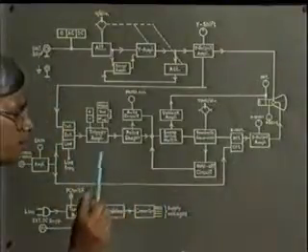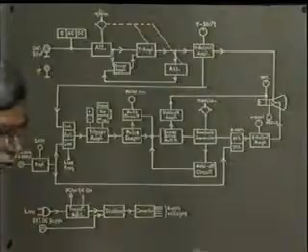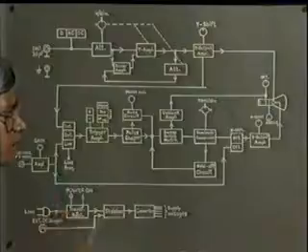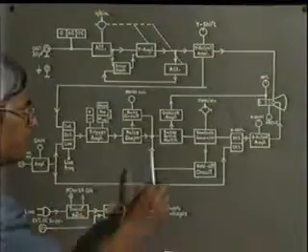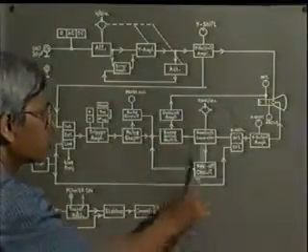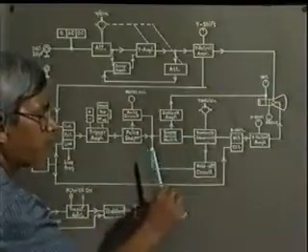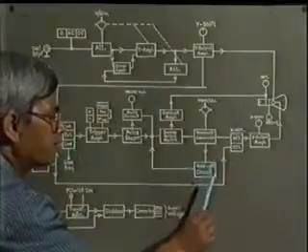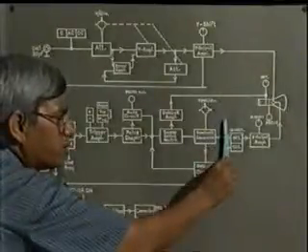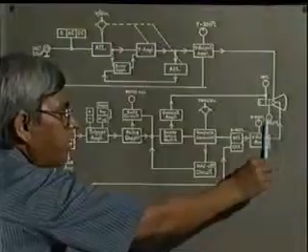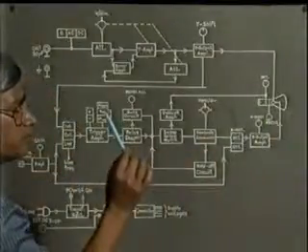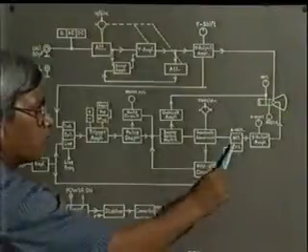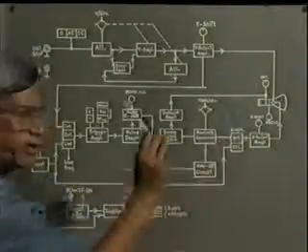Since the beam is going only half the way in this oscilloscope, it means the sweep generator is working. That's why you are getting the beam. The problem seems to be somewhere in the output stage. So let us check this CRO again. What is the problem in the output stage?